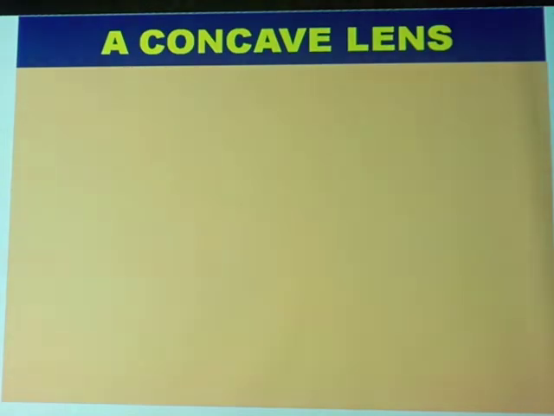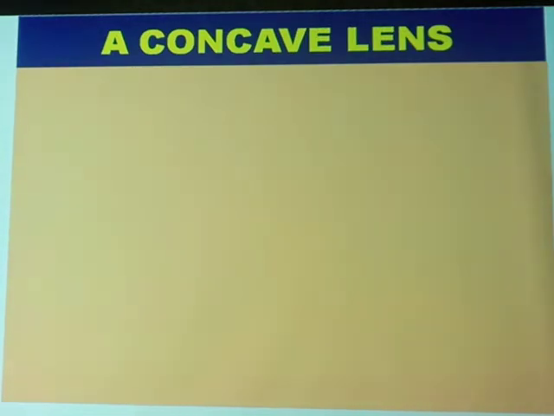Now today, we are going to talk about another type of lens, a diverging lens. We're going to talk about a diverging lens, which is a concave lens. Are we there, children? Now, we want to look at some of the characteristics of concave lenses.